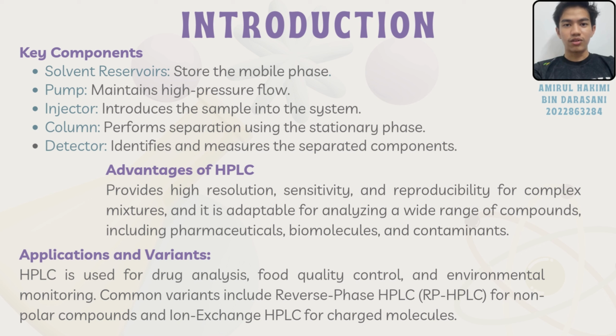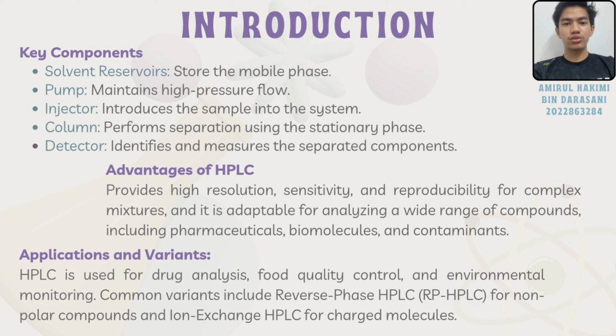The advantages of HPLC. It provides high resolution, sensitivity and reproducibility for complex mixtures, and it is adaptable for analyzing a wide range of compounds including pharmaceuticals, biomolecules, and contaminants. Lastly, applications and variants of HPLC.